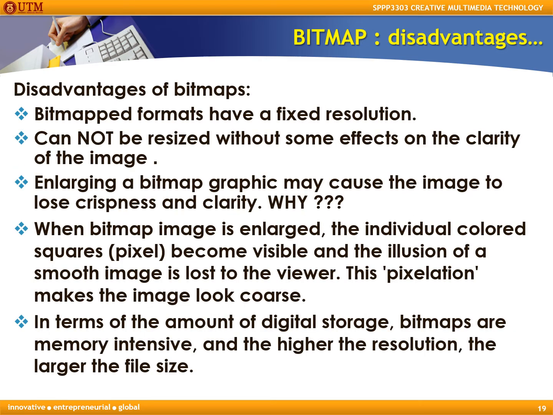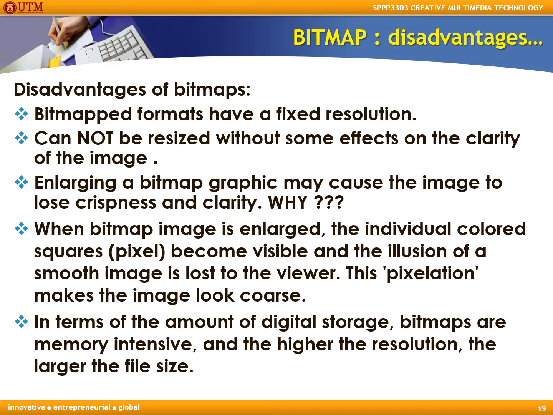Now, when we talk about the disadvantages, we do have many. Okay, so bitmap formats actually have a fixed resolution. As we mentioned, if you enlarge, if you zoom in, the quality of the image is going to turn into pixels. Okay, it cannot be resized without some effects on the clarity. So if you want to resize the image, it is going to affect the quality. This is unlike the vector.